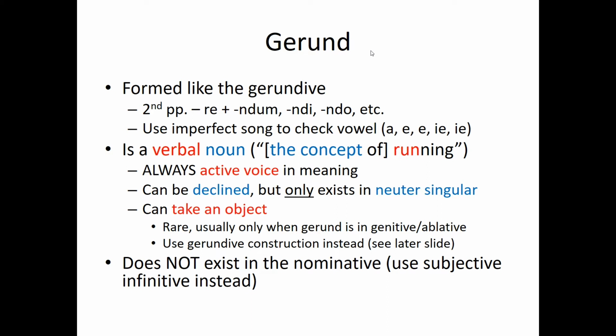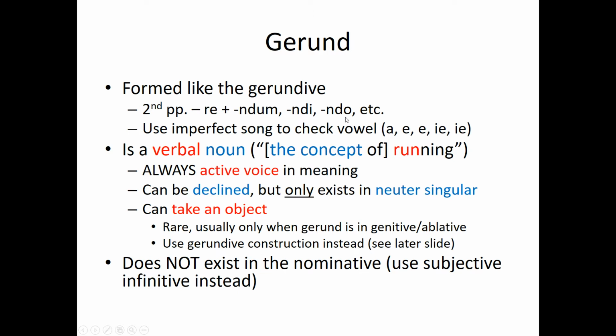Gerundives were always passive, okay, because they were the future passive participle. Gerunds are always active, right? The concept of running is an active idea. The concept of killing, the concept of fighting, these are active ideas. They can be declined, but the gerund only exists in the neuter singular, which is why you see this very limited list of endings here, undum, undi, undo.